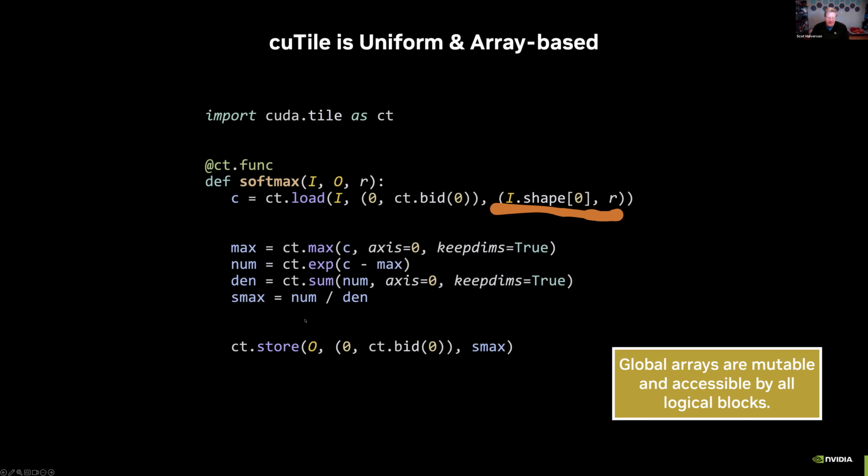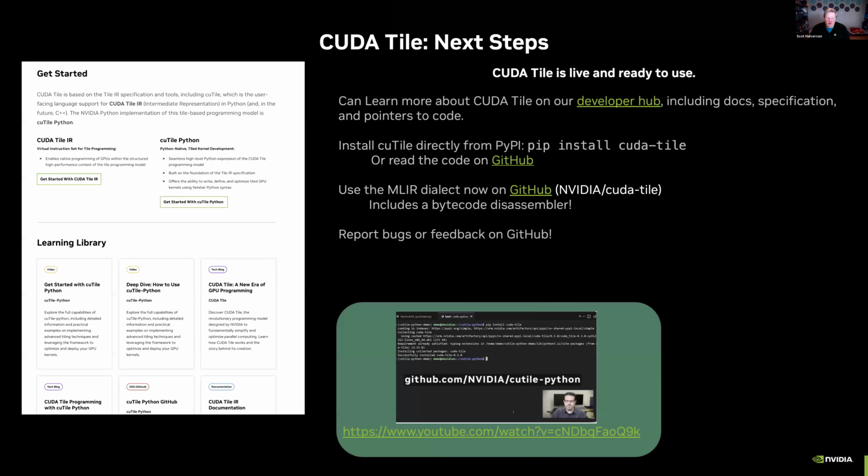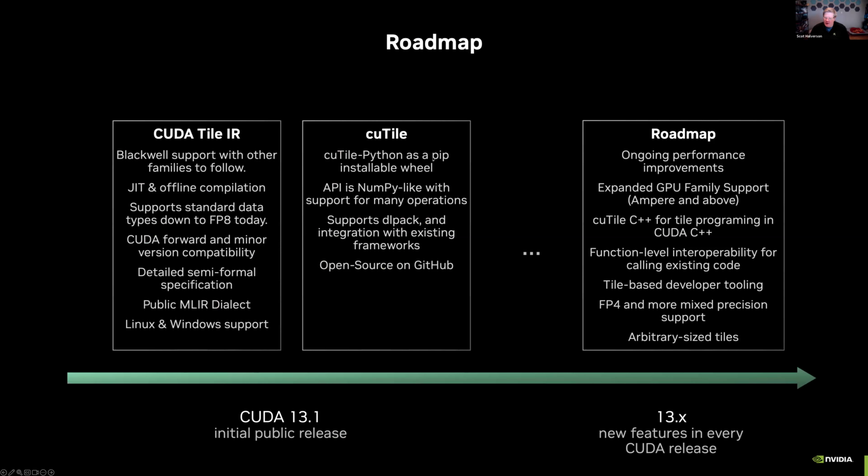So let's see. We call it explicitly FP4 mixed precision support in our roadmap for cuTile. But I think the more traditional floating point types, FP32, FP64, FP16 are supported from the get-go.